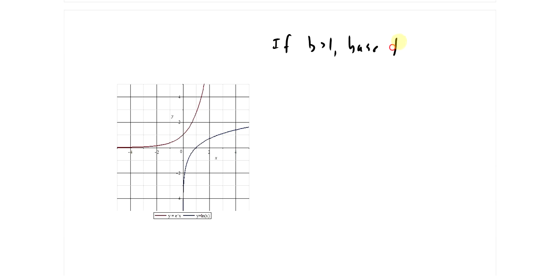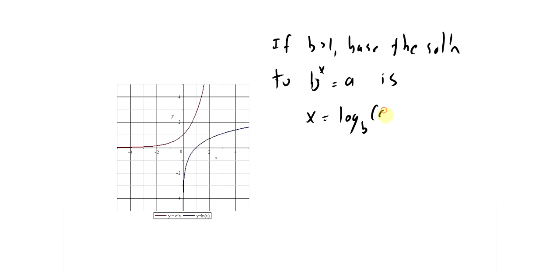The solution to the equation b to the x equals a is x equals log base b of a. Okay, so it's a power.